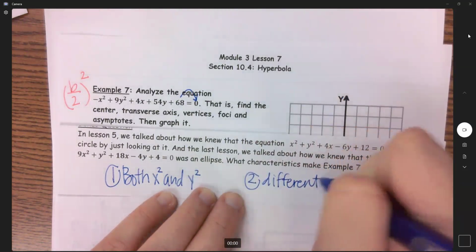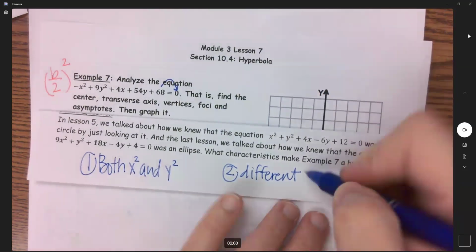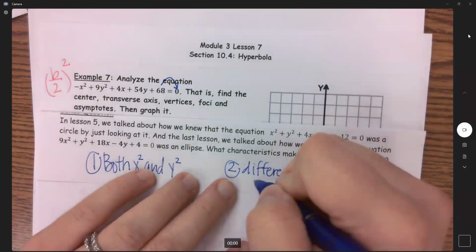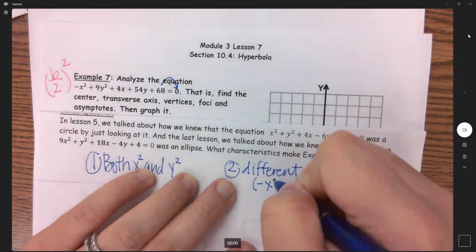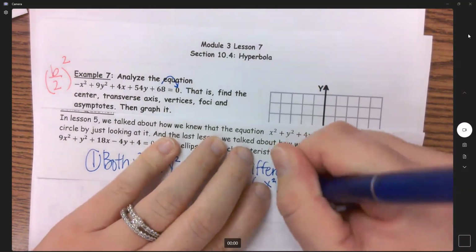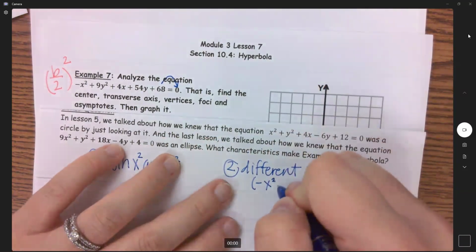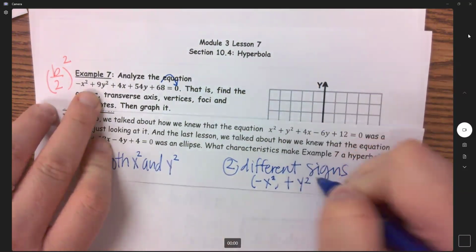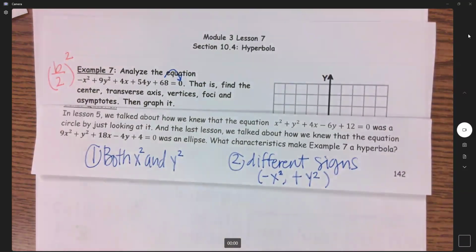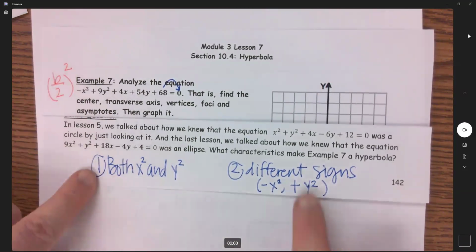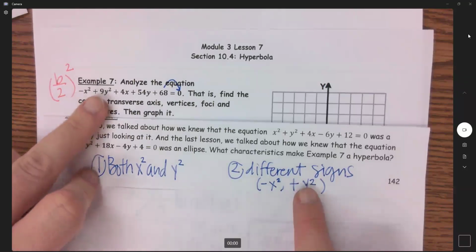That's what breaks it apart and makes it a hyperbola. Different signs. And this one particularly, we had a negative x squared, comma, and a positive y squared. Okay, so I should be able to look at this and tell that that's a hyperbola because you have both square terms but different signs, meaning you have one positive and one negative.